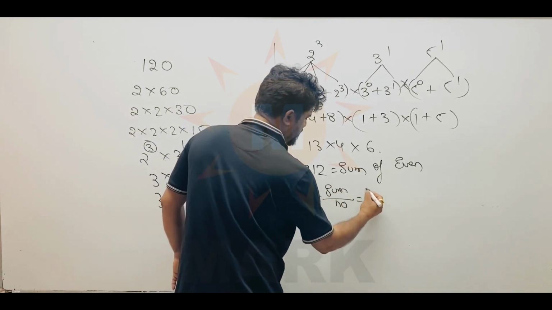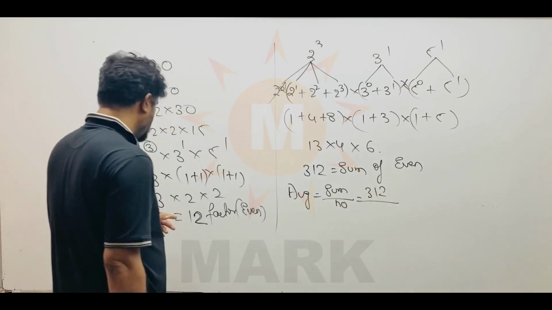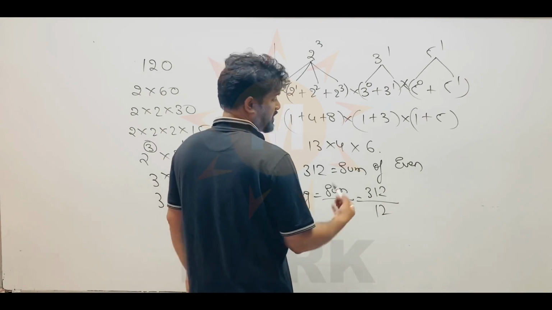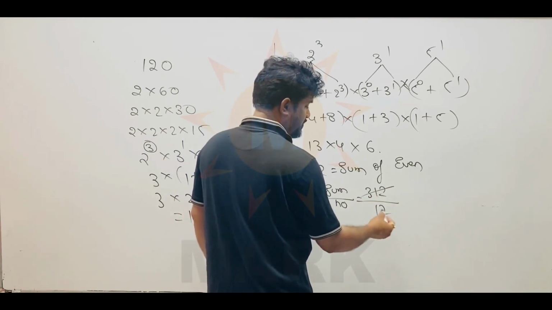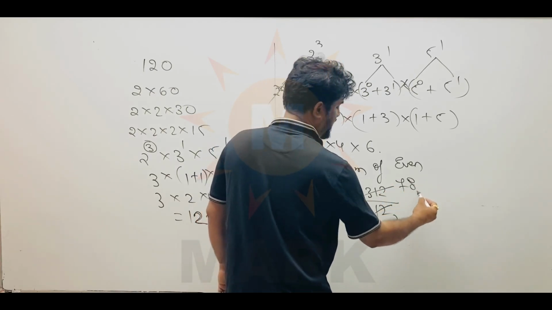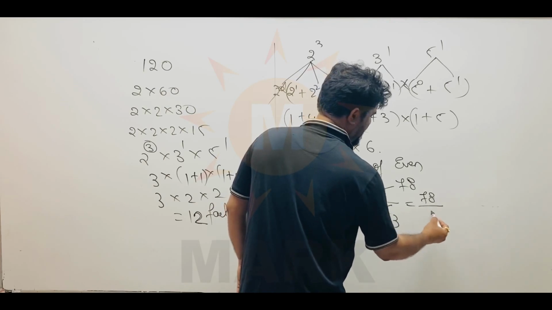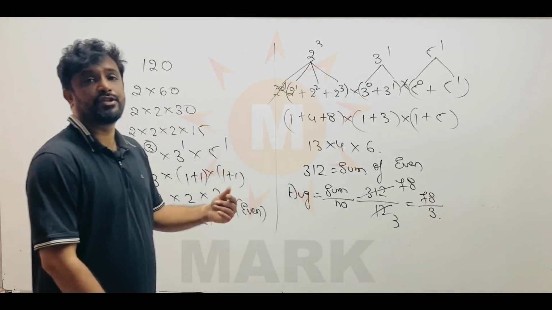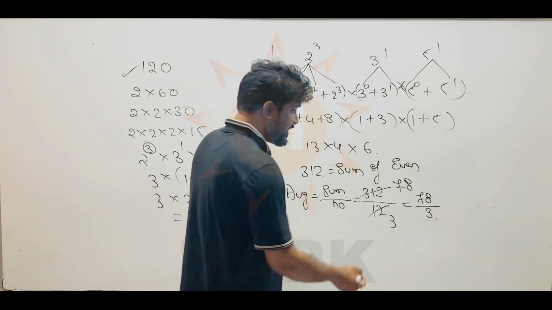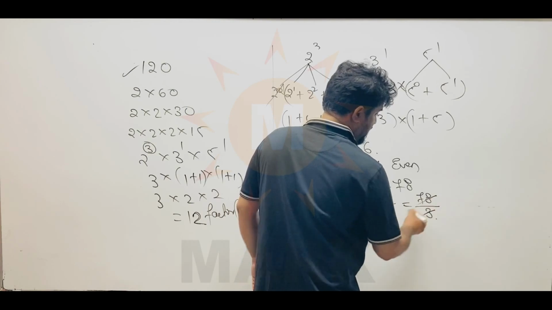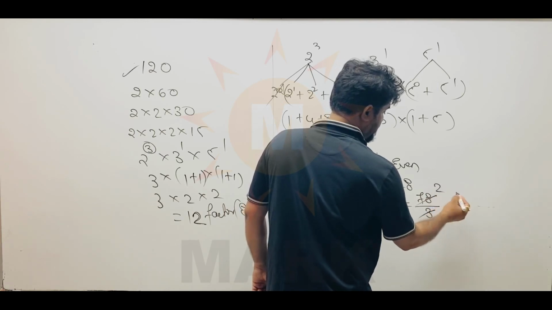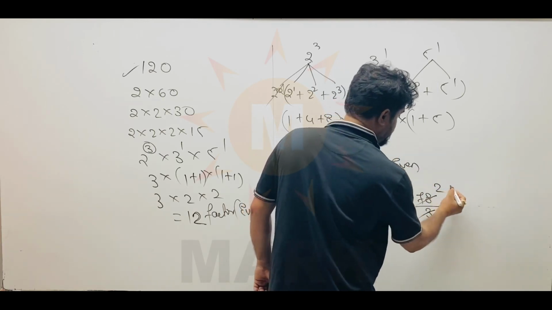So 312 by 12, since 12 factors are there. If I simplify with 4, it becomes 78 by 3. So 78 by 3 is the average of the even factors of 120. And 78 by 3 is 26.